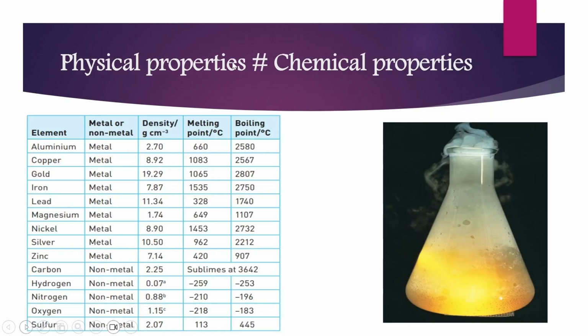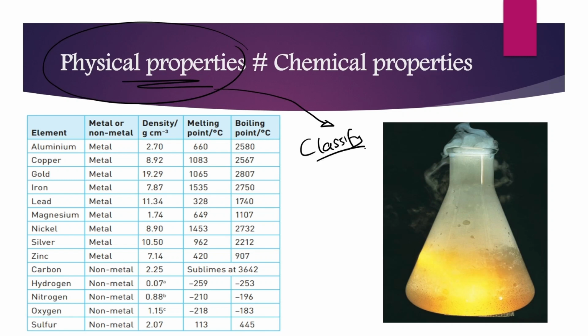We can measure the physical properties of the substances, then we can classify them according to the properties. For example, we can classify the elements according to their physical properties into metals and nonmetals. If we check this table below, here we have, for example, aluminum.